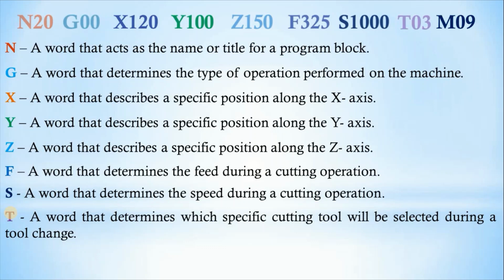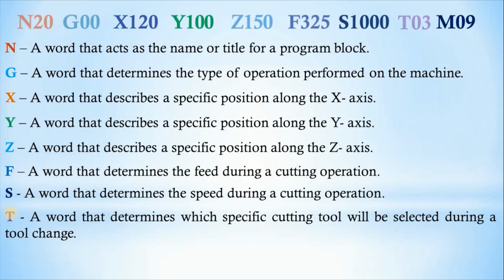Then T is the word that determines which specific cutting tool will be selected during a tool change. At the ATC, automatic tool changer, we can attach different tools based on the operations we require. So we have to choose a specific tool for a specific operation.